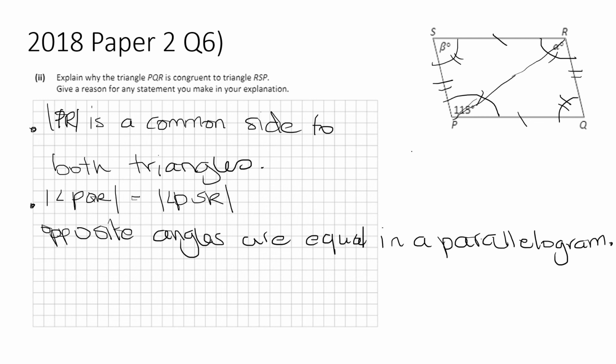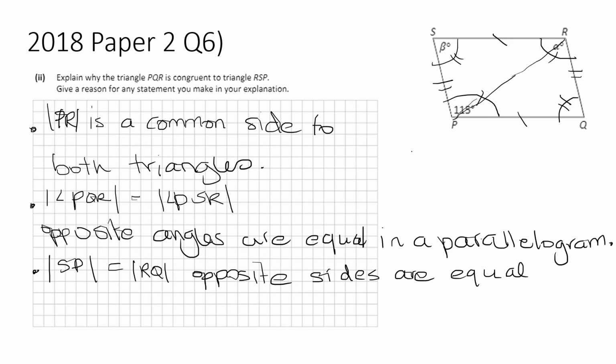Okay, so that gives you a side and an angle, so we need to have another side. So then we can say that S to P is equal to R to Q, because the opposite sides are equal in a parallelogram.